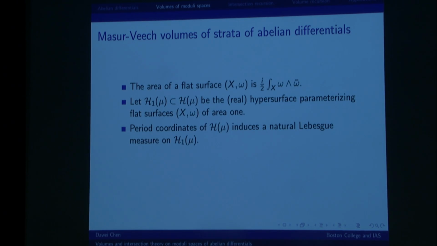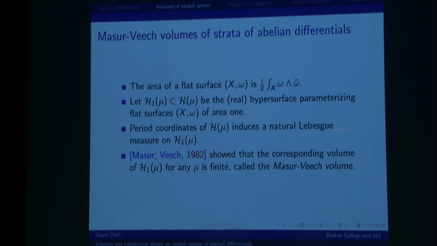And when you change your basis of this relative homology, because I'm taking the integral basis, the change of coordinates actually preserves this measure. So you get a well-defined volume form, which also passes to the real codimension 1 hypersurface under the natural Lebesgue measure. And this volume is called the Masur-Veech volume for the space H mu.